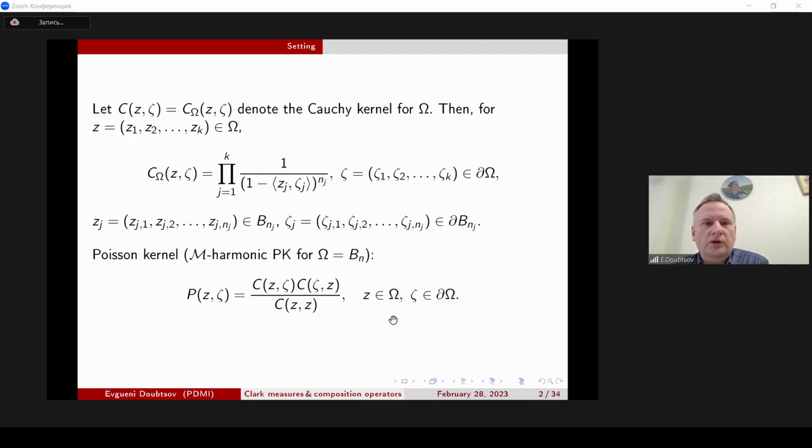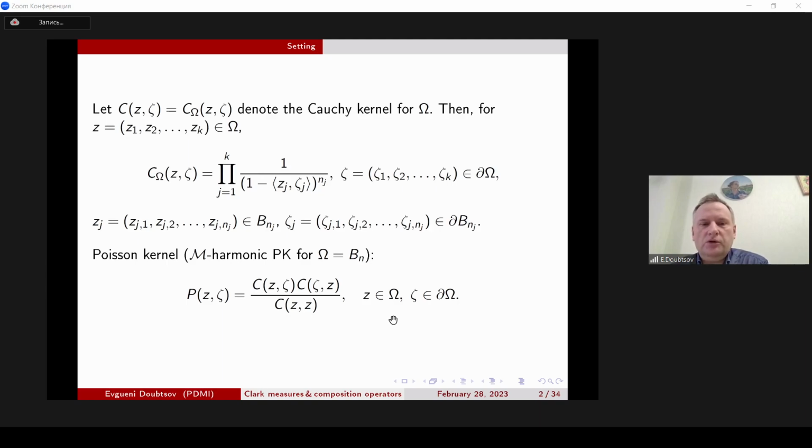So for a point in the domain z1, z2 dots zk, this is just a product of the corresponding Cauchy kernels for the unit balls in the respective dimensions. If we consider just one unit ball, this is just the classical Cauchy kernel for the unit ball. If n is equal to 1 and k is equal to 1, we obtain just the unit disk. So this is the most classical Cauchy kernel for the unit disk.